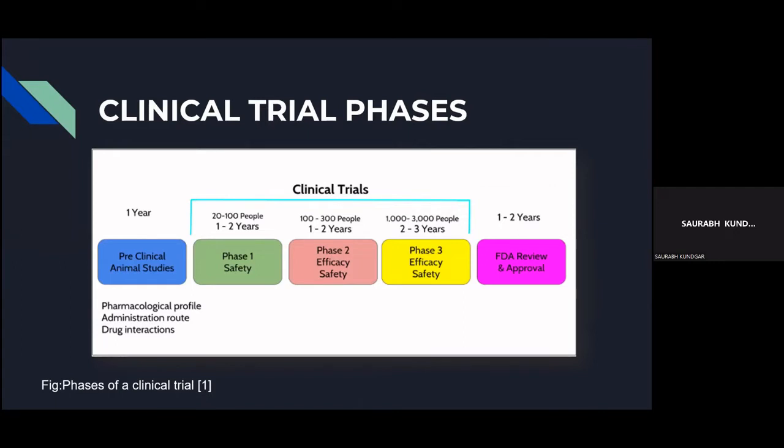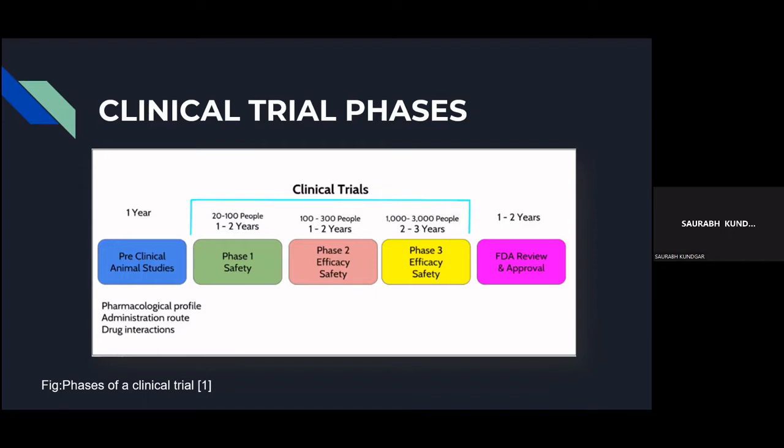After that, it moves to phase 1, where the number of participants changes, and also the indication or focus area changes. In phase 1, we look at safety, whereas in phase 2, we look at safety and efficacy, and so on and so forth, until we have the FDA approval, and that particular medication then can be given to the masses. So this is in general about various clinical trial phases.